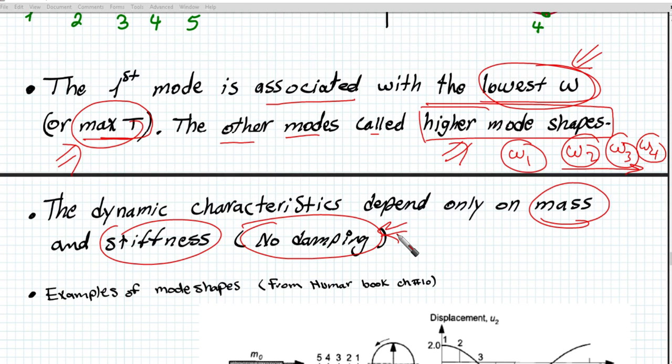So mass and stiffness have the greatest effect. Unless we have additional damping or something, which might change the effects, but in general, for the natural dynamic characteristics of any building, the contribution of damping is minimal.